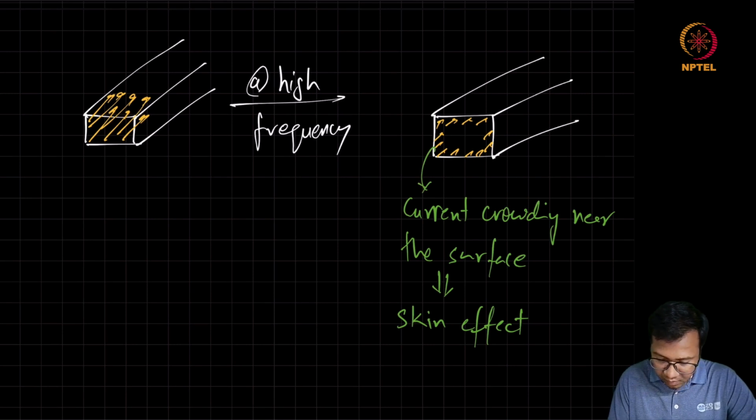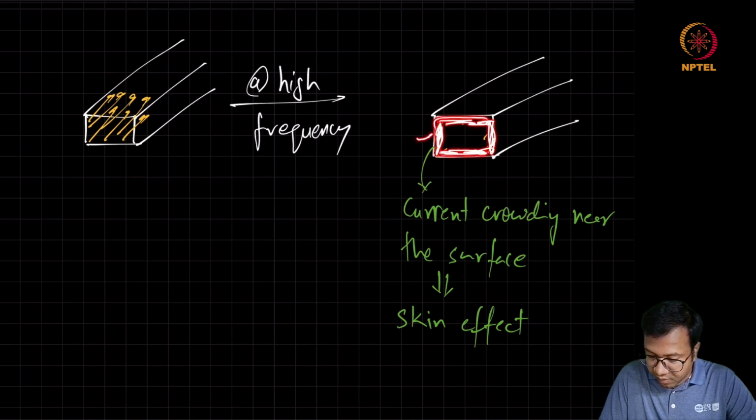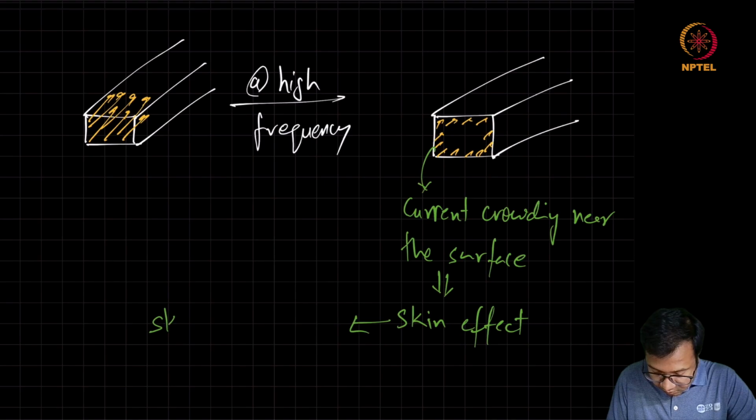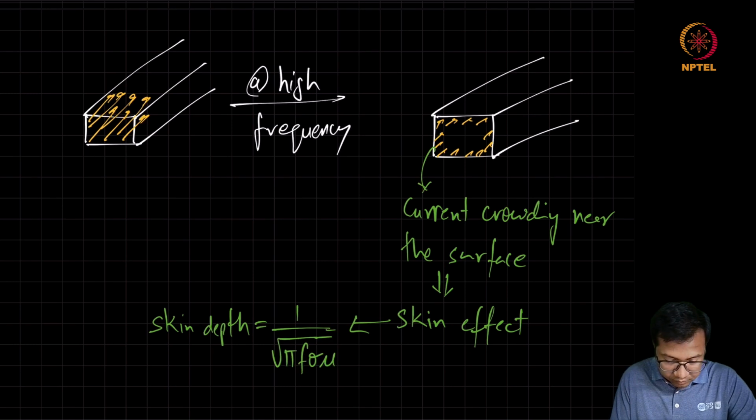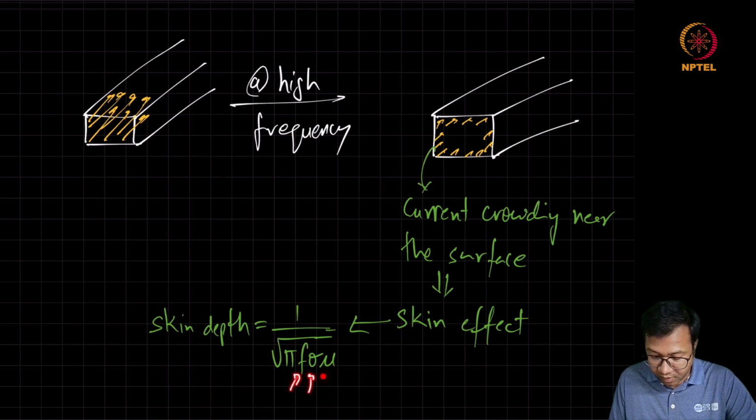With this skin effect, we can get an estimate of the region in which this current gets concentrated. That is also called the skin depth, which is going to be equal to 1 by root over pi f sigma mu. f is the frequency, sigma is the conductivity of the metal, mu is the permeability of the metal.